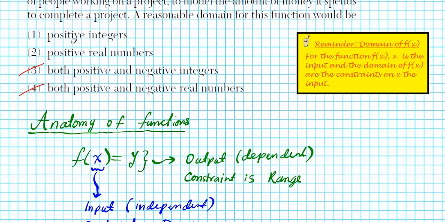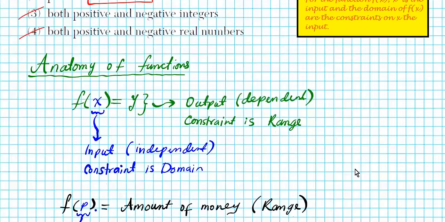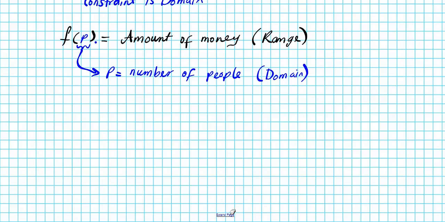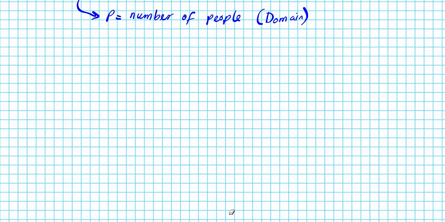So the question is, which of these group set of numbers is reasonable for representing number of people? Integers or real numbers? That's the question. Okay, so to determine what the correct answer is, the best option, the reasonable option, let's do a real quick review on what integers and real numbers are, okay? And then we'll see which of them makes sense. So what are integers?